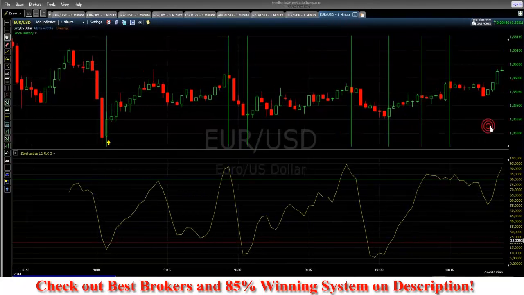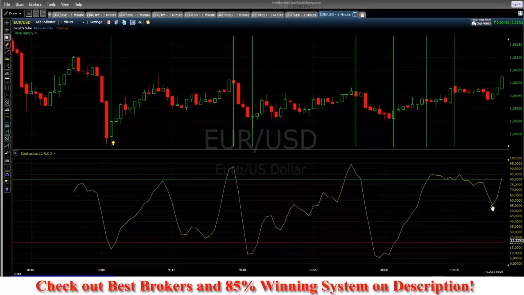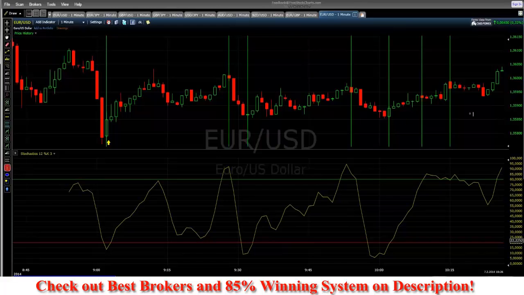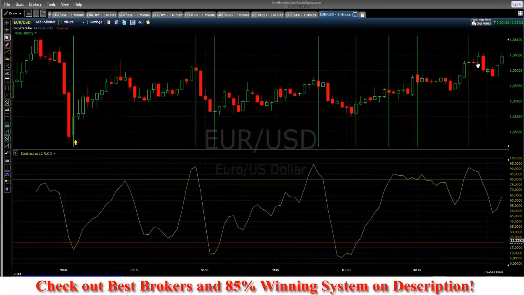Again, you can see here the stochastic dropped, and then again it crossed the green level. So I can still continue trading. In this case, if I would continue trading, I would enter here to go down. So it's 1, 2, 3, 4, 5, and this would be a winning trade.